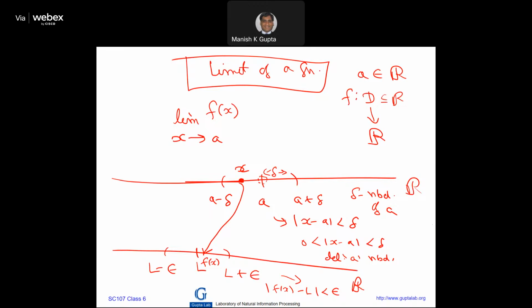We say that the limit of the function f(x) as x tends towards A is L, if for every epsilon positive, there exists delta positive such that |f(x) minus L| is less than epsilon whenever 0 is less than |x minus A| is less than delta, right? From here, you can frame the definition.